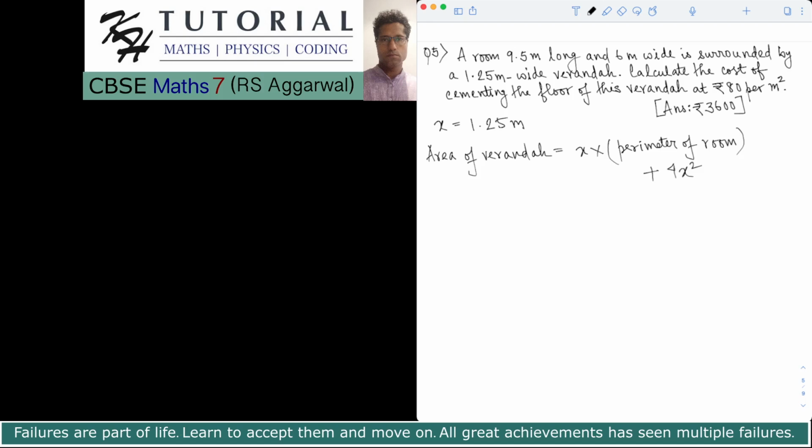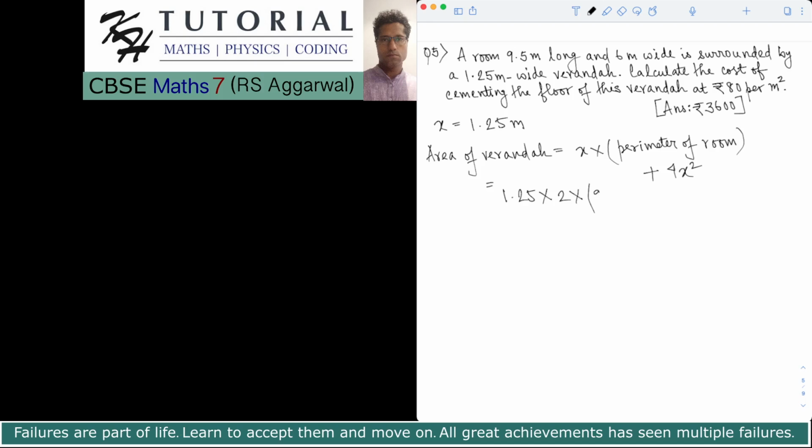Whenever the path is outside the rectangular plot, the area of the path is x multiplied by the perimeter of the plot plus 4x square, where x is the uniform width of the path. So this will be 1.25 multiplied by the perimeter of the room, which is 2 multiplied by length plus breadth.